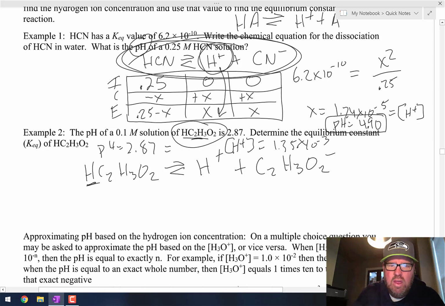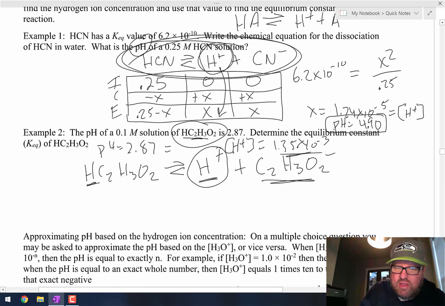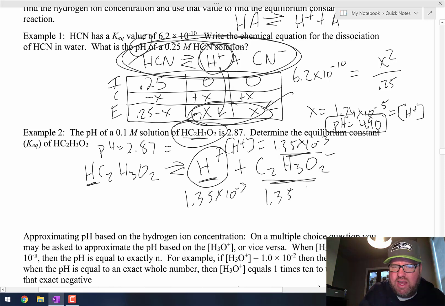Now, for every one hydrogen we get the same amount of acetate. Remember, here the hydrogen ion concentration was X, so was CN minus. So if the hydrogen ion is 1.35 times 10 to the minus third, then so is the acetate ion.